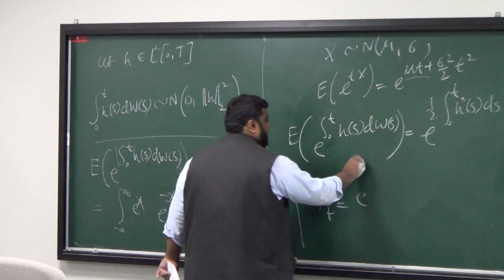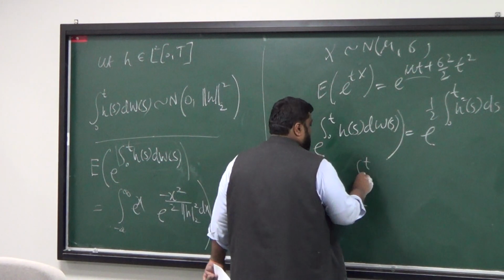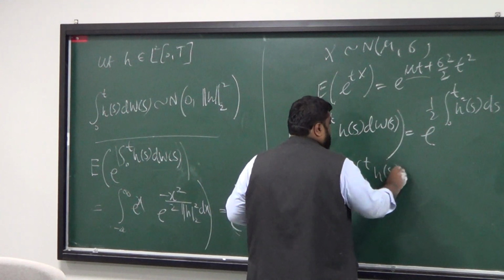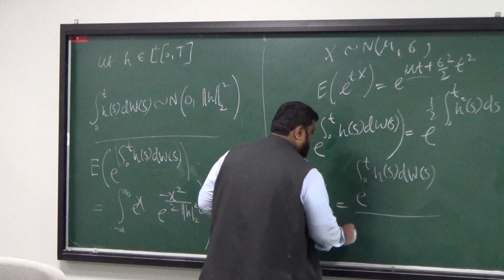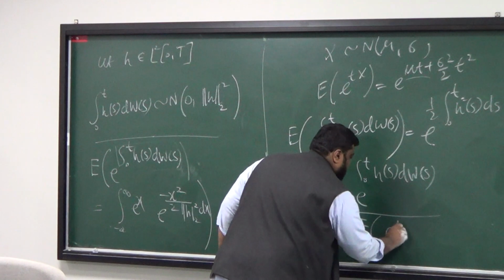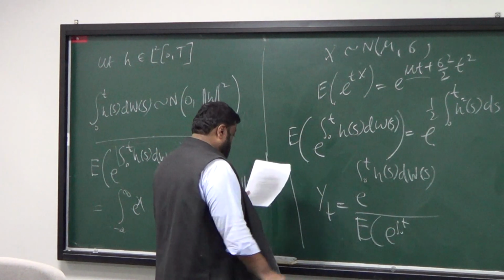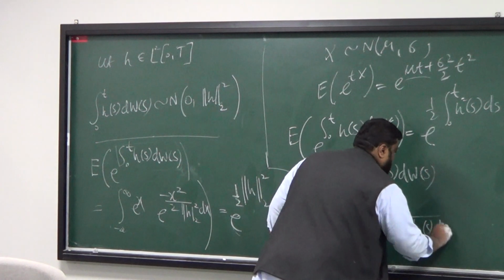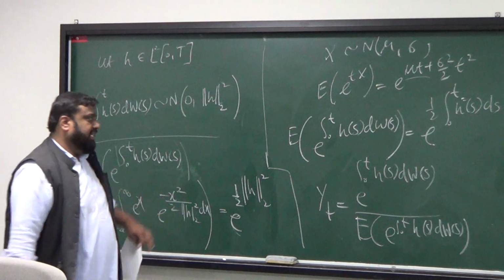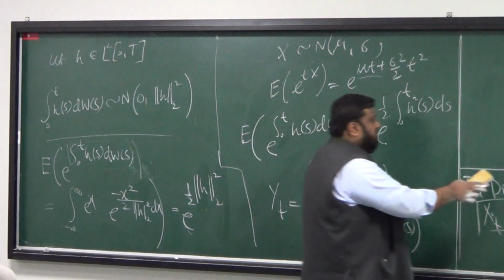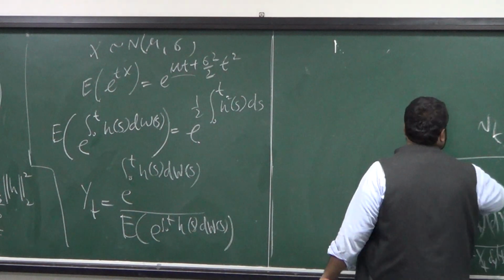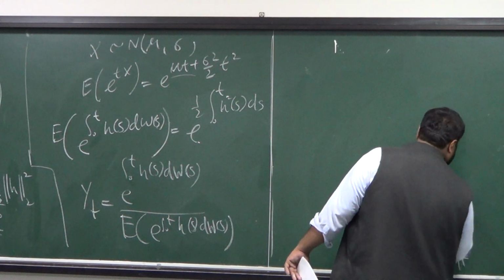Normalizing by the expectation: 0 to t h of s dW of s divided by the expectation of e to the 0 to t h of s dW of s, right? Just divided by the expectation. So it's really normalizing, but not in the manner that I just said. You took the random variable and just divided it by its expectation.